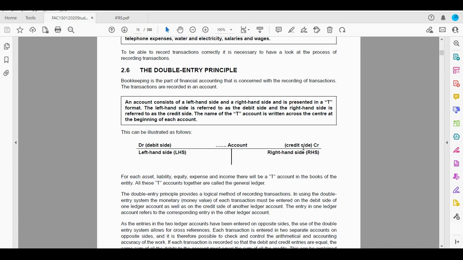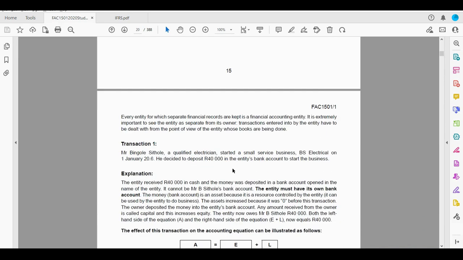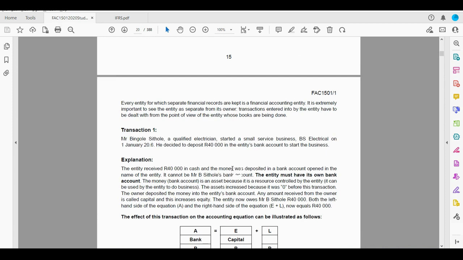You can't say, okay, I've got 1 million, and then no one really knows where it's coming from. You received money, it must be coming from somewhere. So that's what double entry is all about. It's the same thing with this transaction. For every debit, there has to be a credit. So now let's look at this transaction.